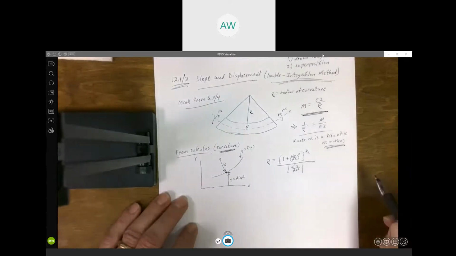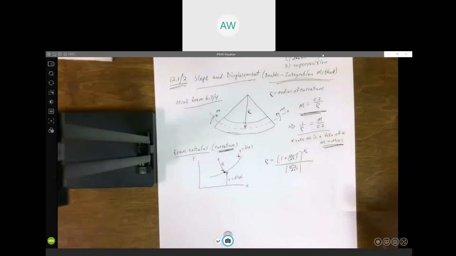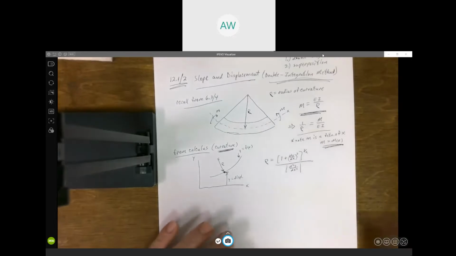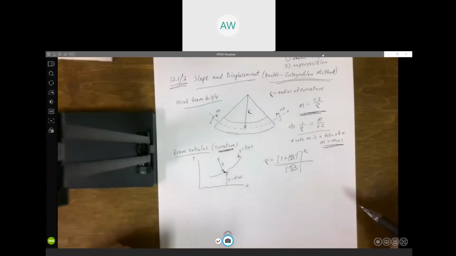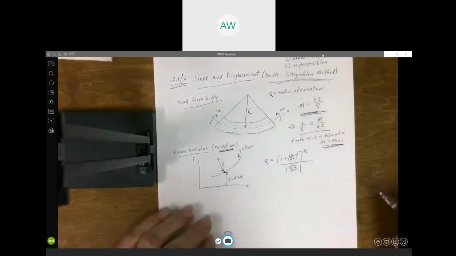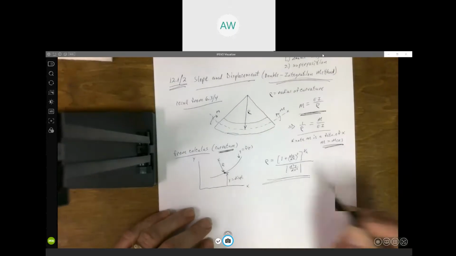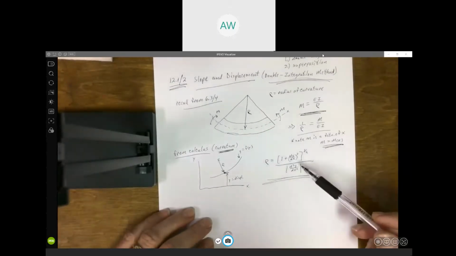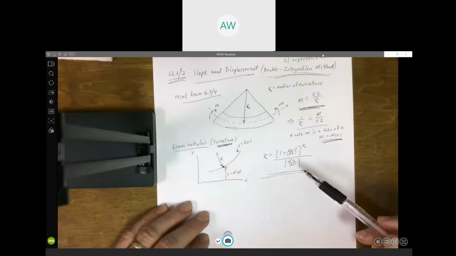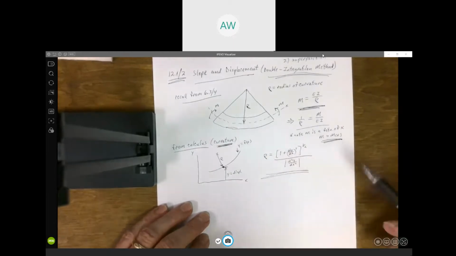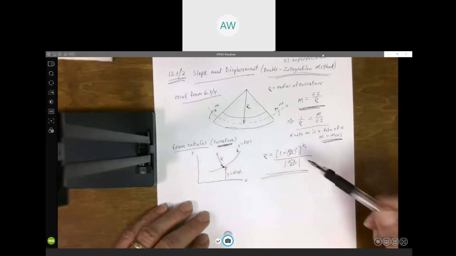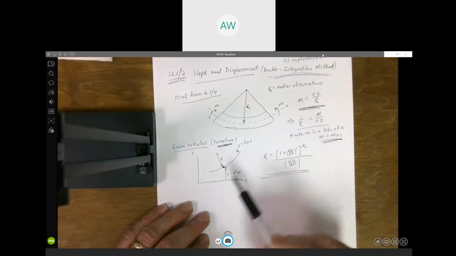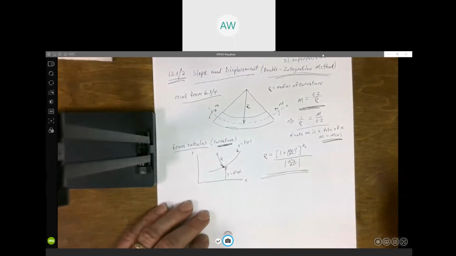I'm pretty sure a few of you in this class, if you were in my dynamics class, that should look familiar. We use that in dynamics as well. But again, I'm not deriving this. If you're really curious where it comes from, go to your calculus book. But that's the radius of curvature for that curve at that particular point.